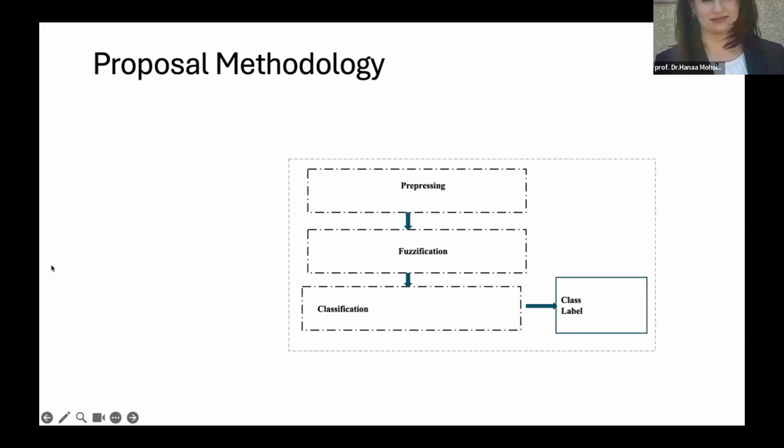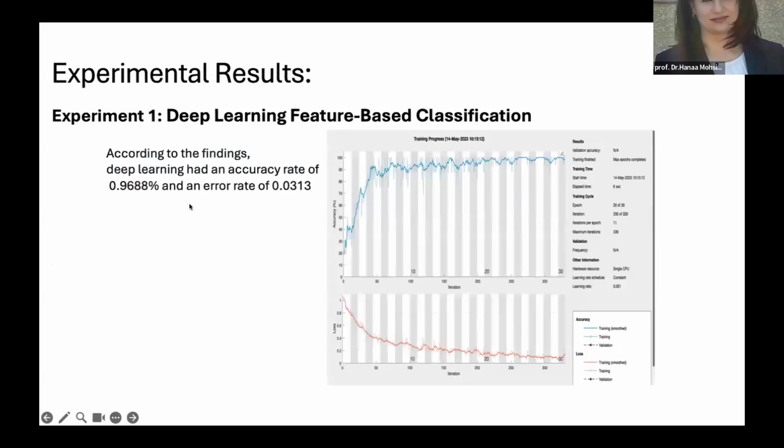The proposed methodology goes in three stages. First stage is to apply pre-processing for the input data set. Then apply fuzzification using fuzzy logic, triangular fuzzy logic. Finally, apply classification with deep learning to classify transmission casing data.